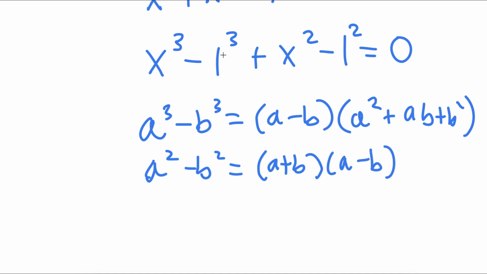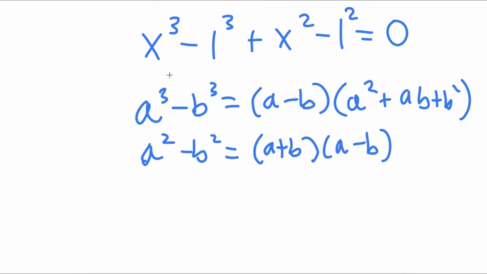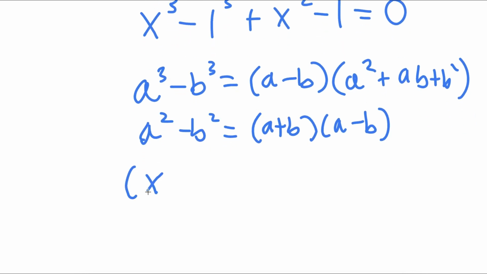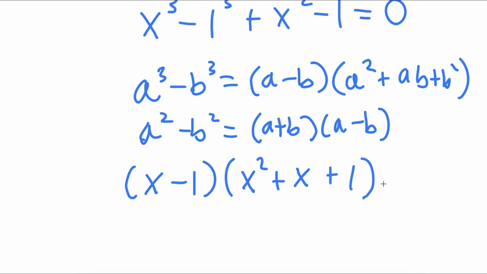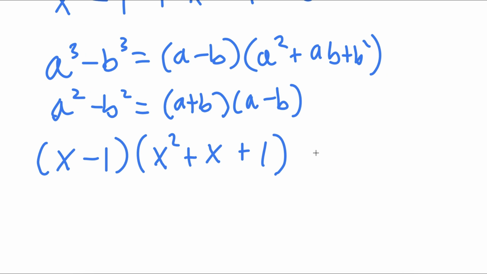So x to the power of 3 minus 1 to the power of 3, that's going to equal x minus 1 times x squared plus x times 1, which is x, plus 1 squared, which is 1. And then now I have this plus x plus 1 times x minus 1.